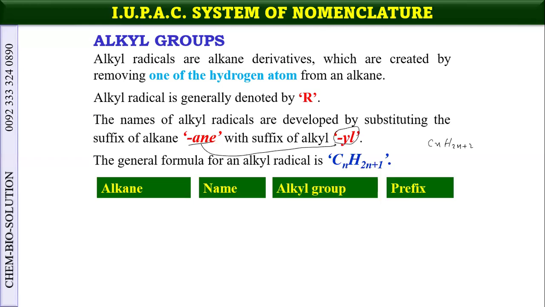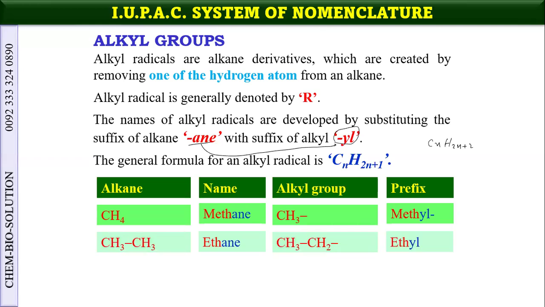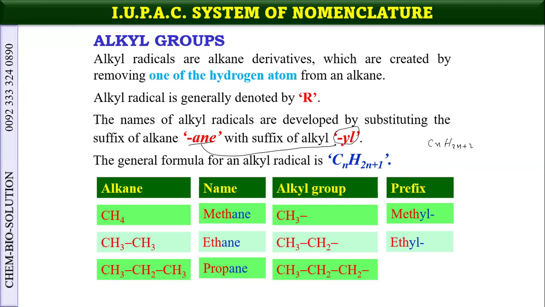So from the alkane methane, the alkyl is methyl. Similarly, it is derived from ethane, it is ethyl. It is very simple up to methyl and ethyl, that is commonly called methyl and ethyl in Pakistan and India. And here, propane could be propyl, or another name of the alkyl group could be there.